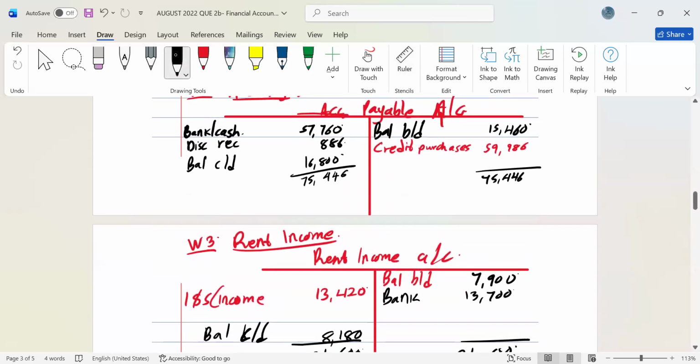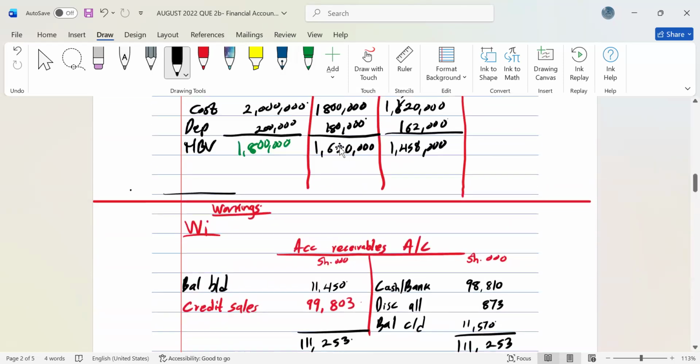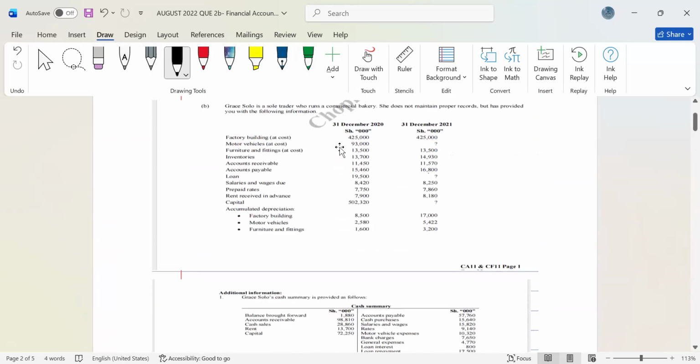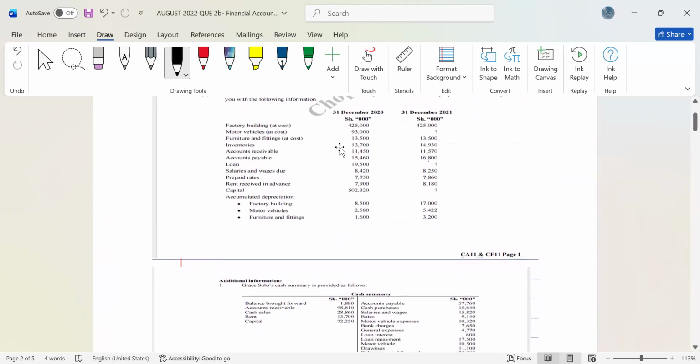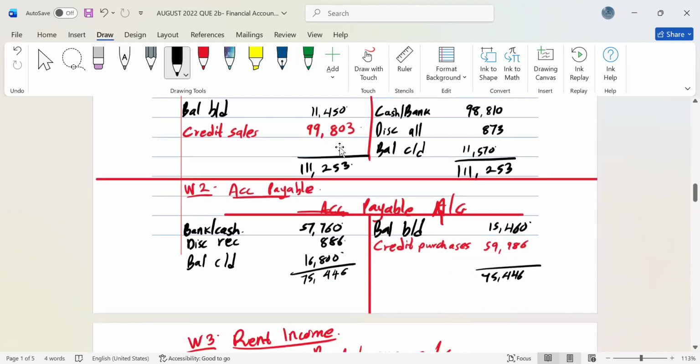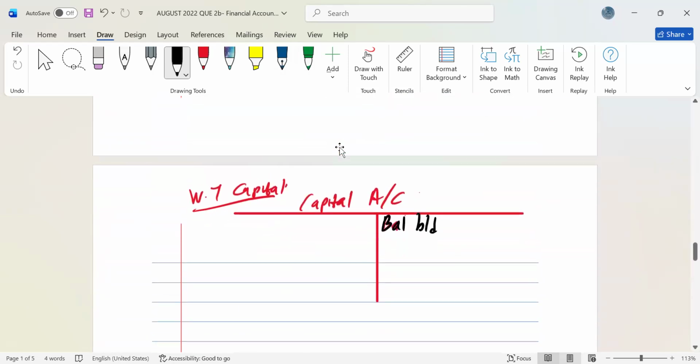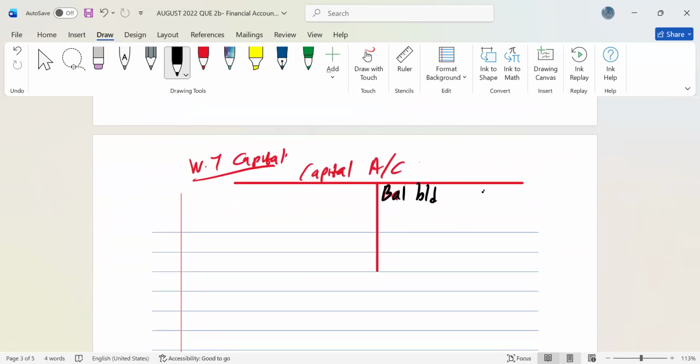The one for capital, how much was it? Yes, 502,320.